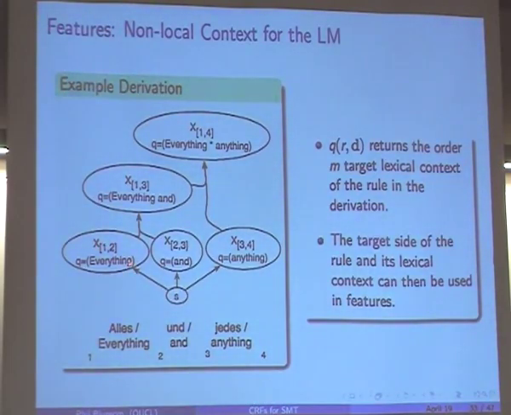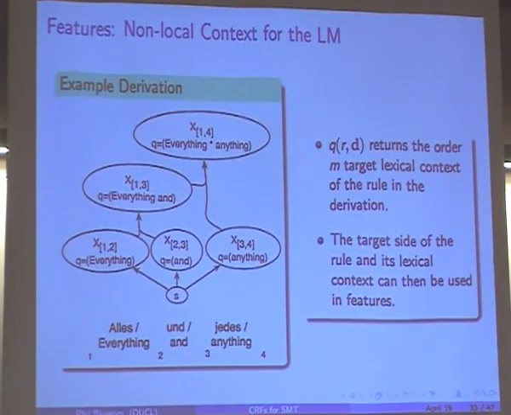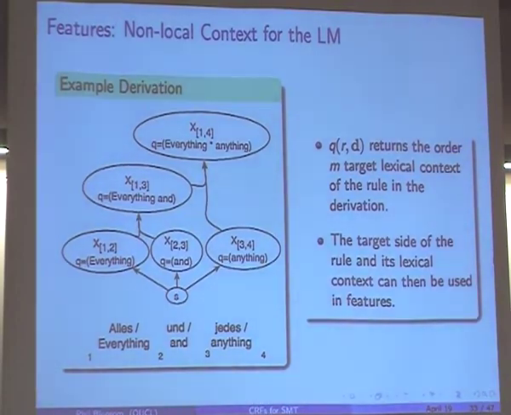We can start by translating span 1 to 2 here, and Q, that context function, will just have the English everything. So we're going from the German to the English here. For the other words, we do the same. So each span, we record its context. Here, of course, the left and right of this constituent is the same thing because it only spans one word.